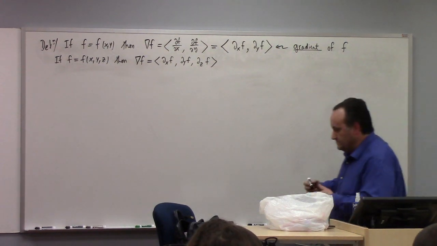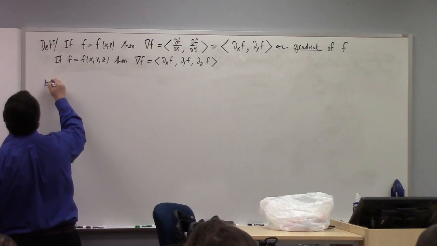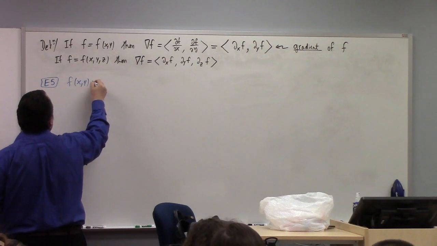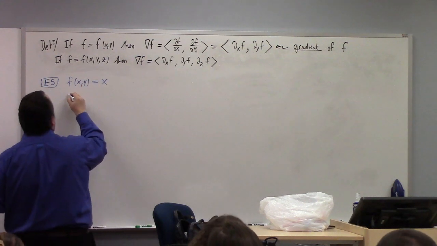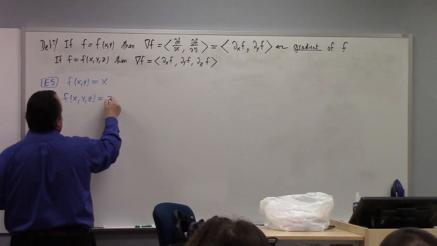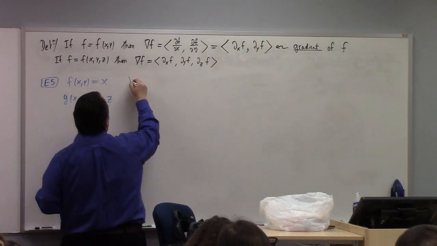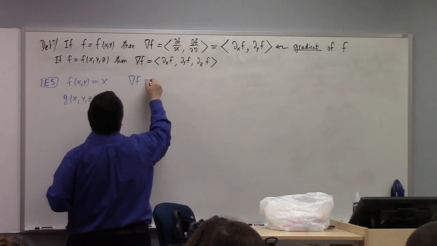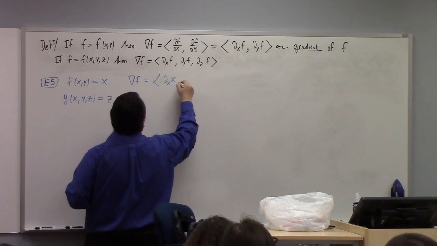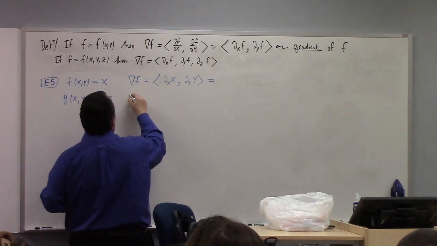So, for example, if I have f of x, y equal to x, or if I have f of x, y, z equal to z, let me call this g to give a difference. The gradient of f, what is it? What's the gradient of g?